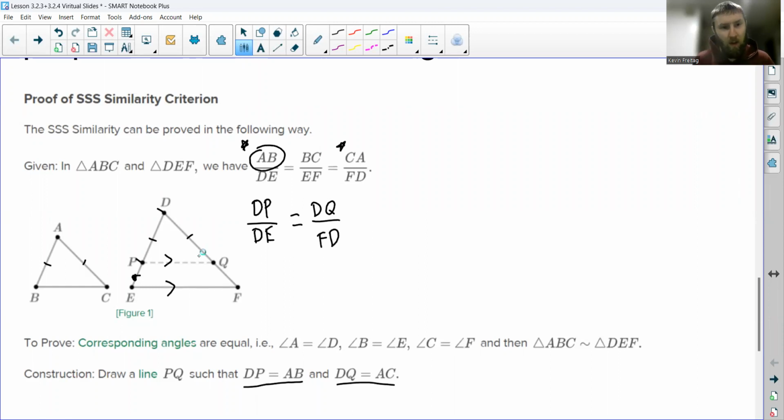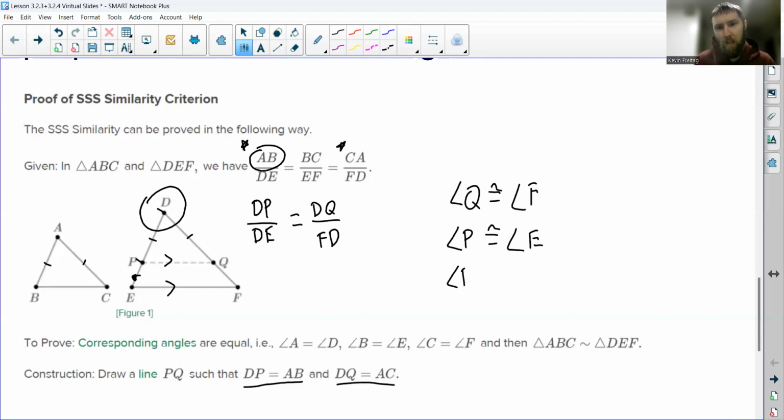If I know these lines are parallel, that should convince you that angle Q is congruent to angle F. It should also convince you that angle P is congruent to angle E, right? And if I have two angles congruent in two different triangles, then the third angle must be congruent. And it's also extra obvious in this picture because angle D is the third angle for both, right?